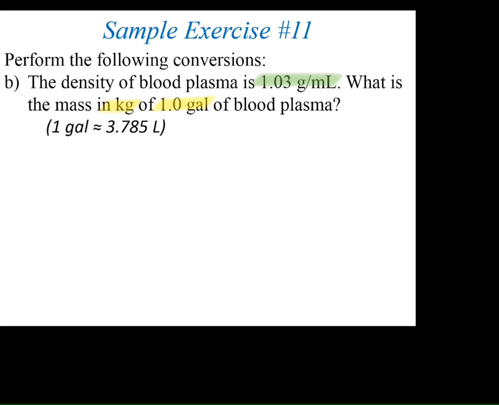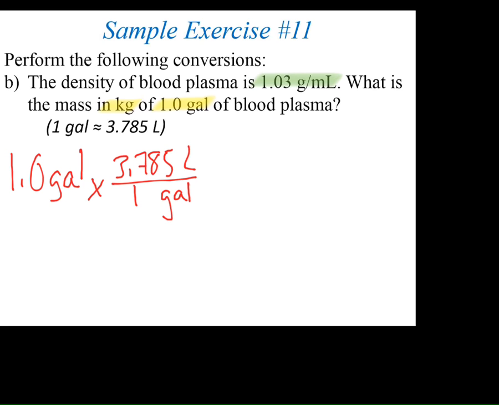Okay, so I'm going to start with 1.0 gallons. Well, I need to get from gallons to kilograms. So somebody help me down the road from gallons to kilograms. I need some kind of conversion that has gallons in it. Okay, 1 gallon, it tells you, is 3.785 liters.